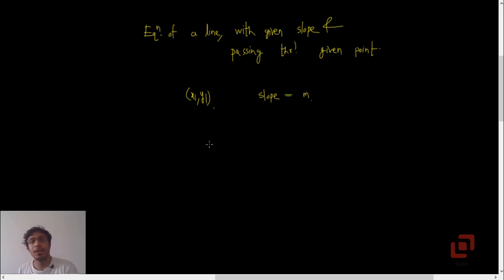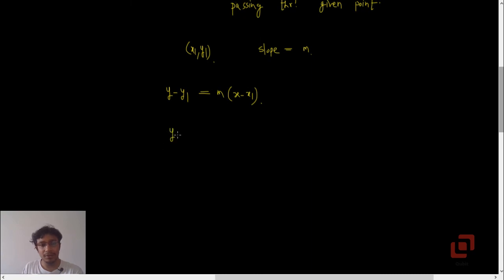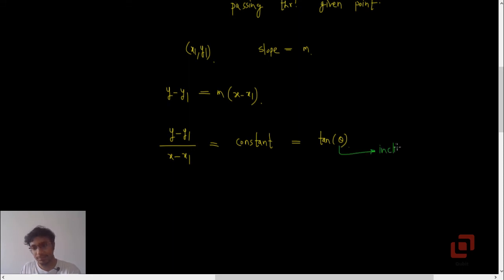Now what is the equation of this line in the slope point form? y minus y1 is equal to m into x minus x1. Or we can say that y minus y1 upon x minus x1 is a constant, that is tan theta, where theta is the inclination.